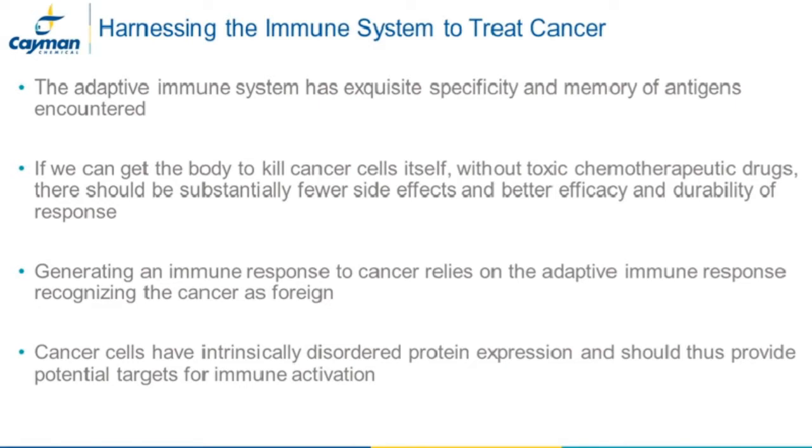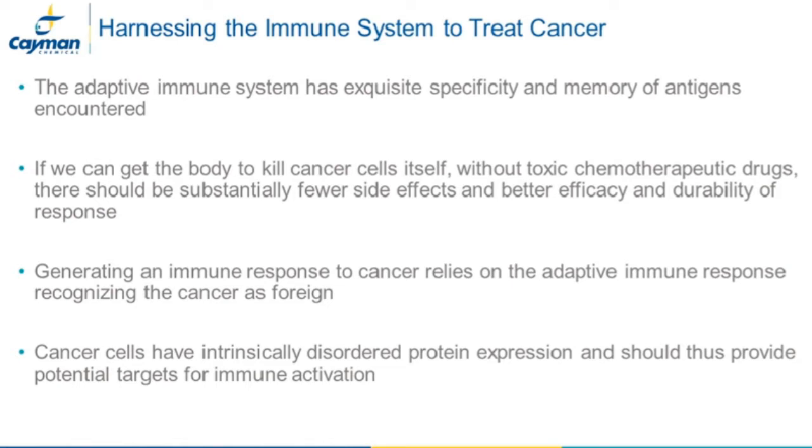But the advent of immunotherapy has turned cancer treatment on its head and led to some of the most impressive advances we've ever seen. The immune system is made up of highly specialized cells with exquisite specificity, along with memory of previously encountered antigens. These cells can be taught to seek and eliminate cancer cells, which has begun to reap the rewards of safer and more effective and durable treatments.